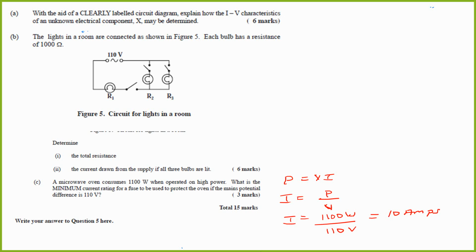We wouldn't want to use a higher value. If we use a higher value, then you would possibly damage the component, because the component only needs 10 amps, right?